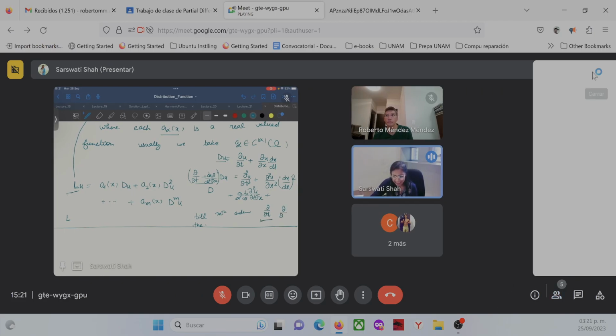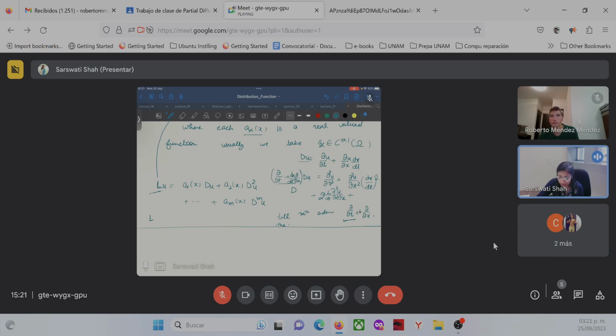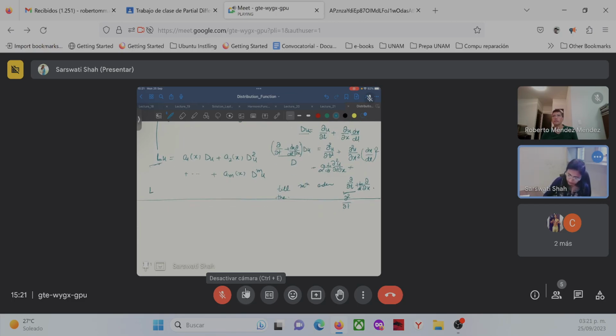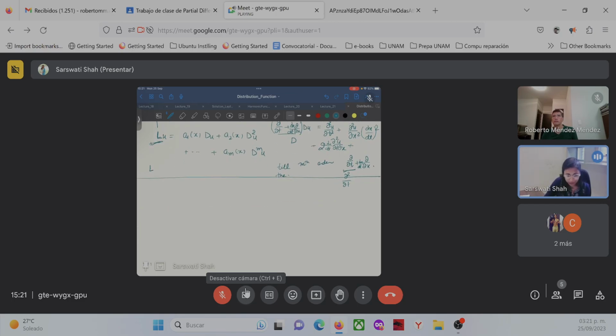Del over del x is a derivative operator. Their linear combination is going to be a derivative operator. In the same way, the second order is coming. So this L is the combination of the derivative operators. Now you have the definition of this L.